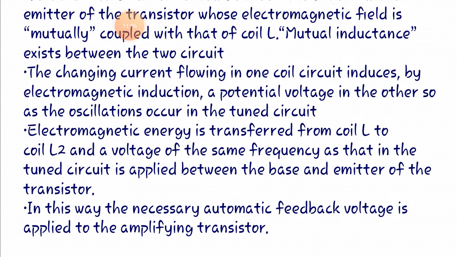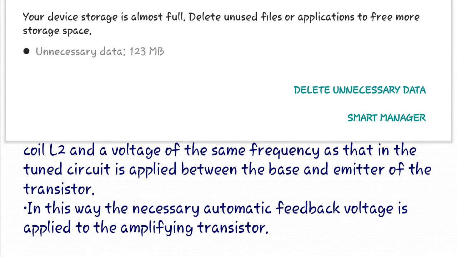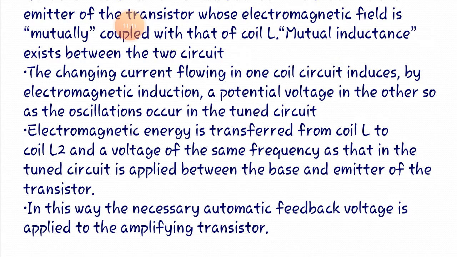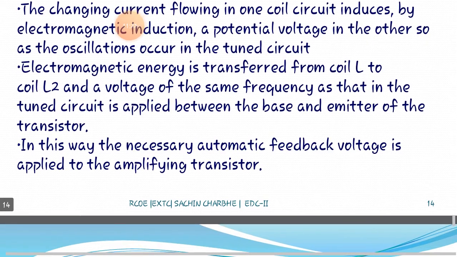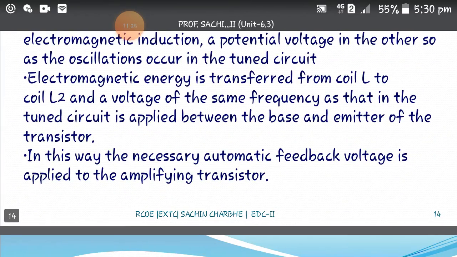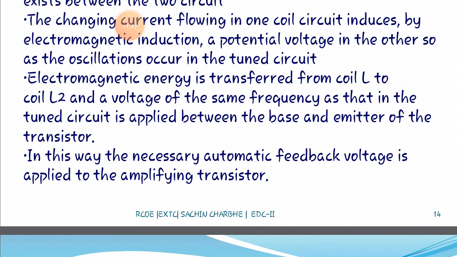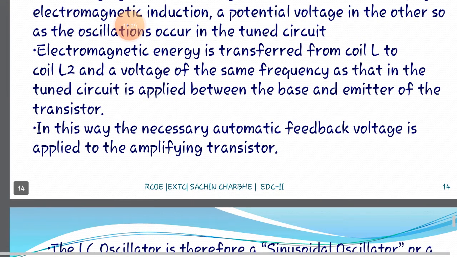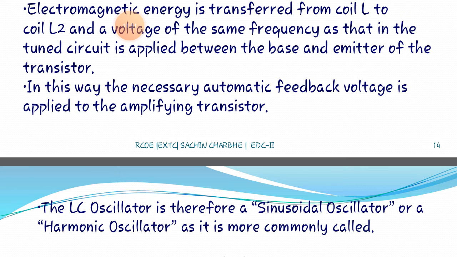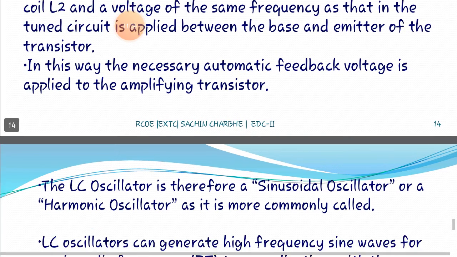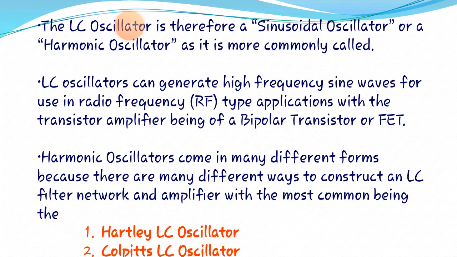The changing current flowing in one coil circuit induces a voltage in the other through electromagnetic induction, so oscillation occurs in the tuned circuit. Then this electromagnetic energy is transferred from coil L to L2. The voltage of the same frequency as that in the tuned circuit is applied between the base and the emitter of the transistor. In this way, the necessary automatic feedback voltage is applied to the amplifying transistor.